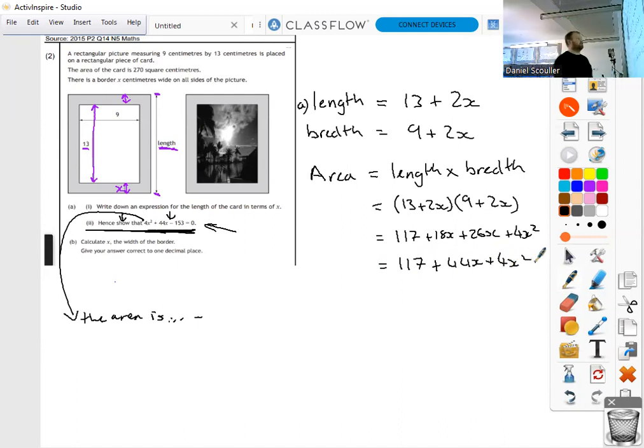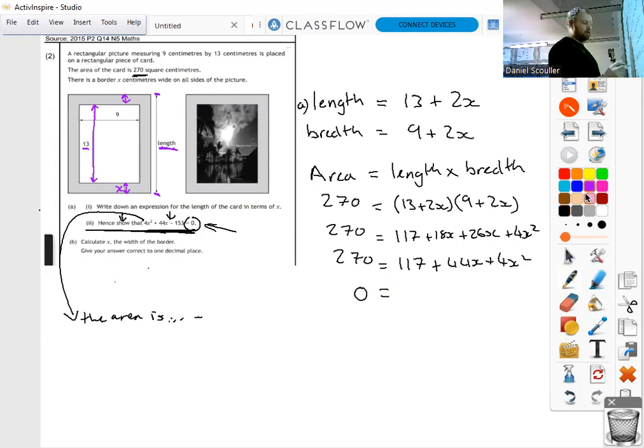Now, what else are you given in this question? You also get given 270 as the area. So where are we for area? We could say 270 equals that. Now it wants us to leave it with 0 on the right hand side, so we want to leave it equal to 0.